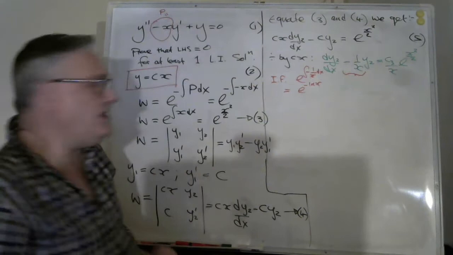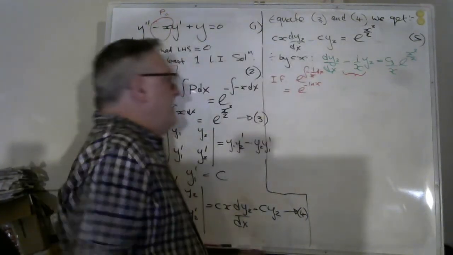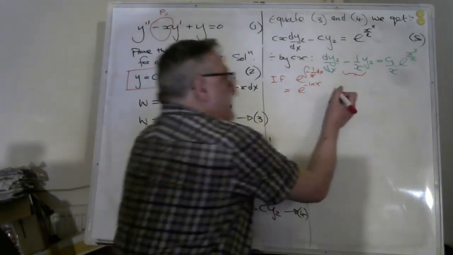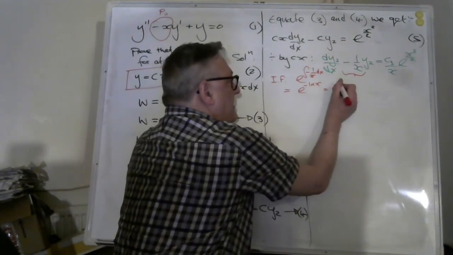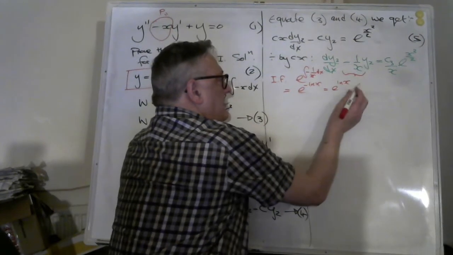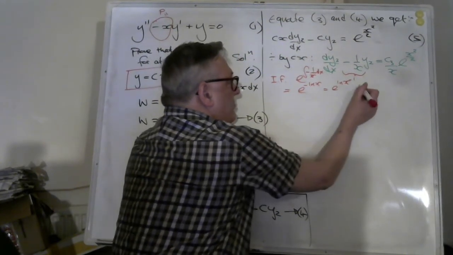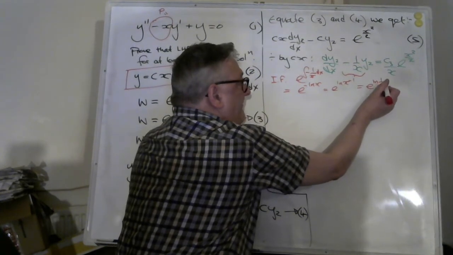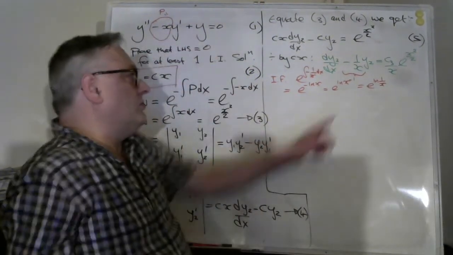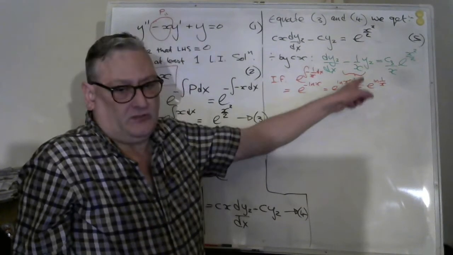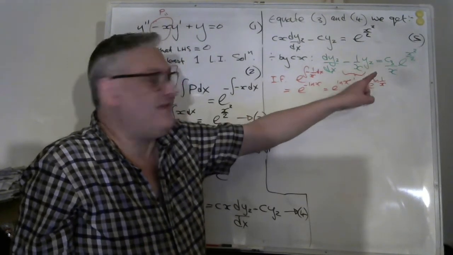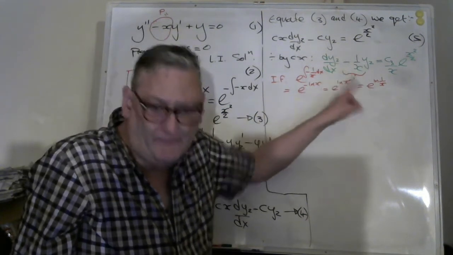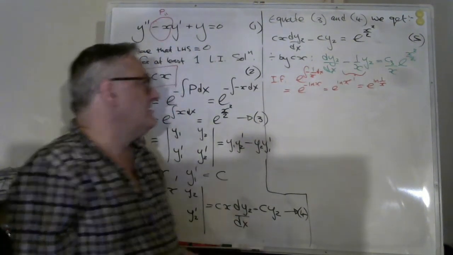And as I've said in previous videos, this e to the minus log x can be rewritten as e to the log x to the minus 1, which is the same as e to the log of 1 over x. And of course, the exponential raised to the power of a logarithm of a number or a function is just that number or function.